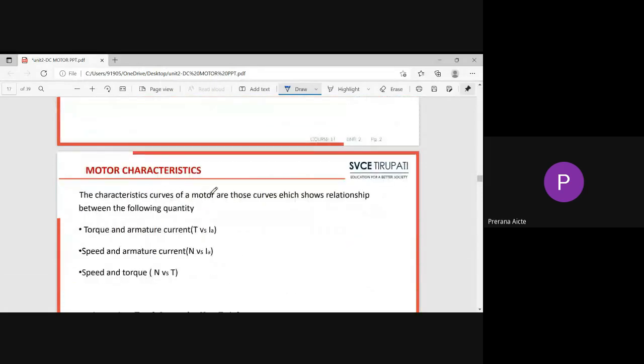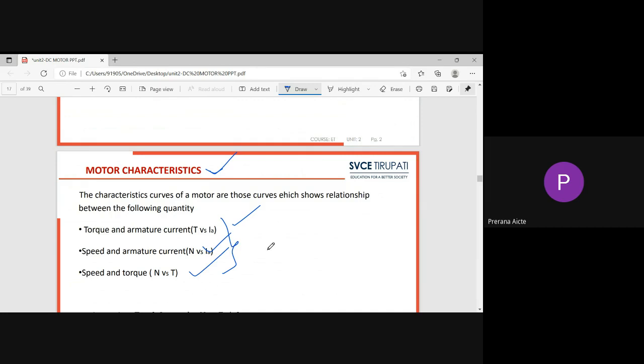Next topic is motor characteristics. There are three types of characteristics for all motors: torque and armature current characteristics, speed and armature current characteristics, and speed and torque characteristics.